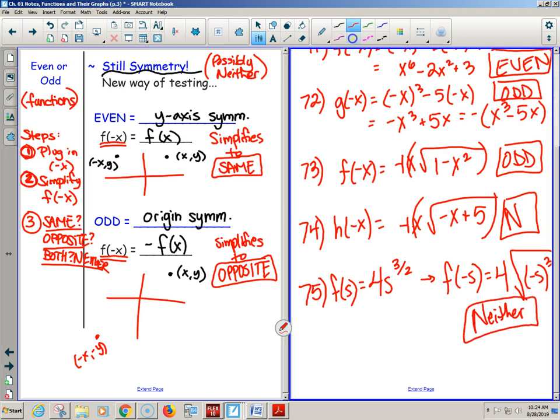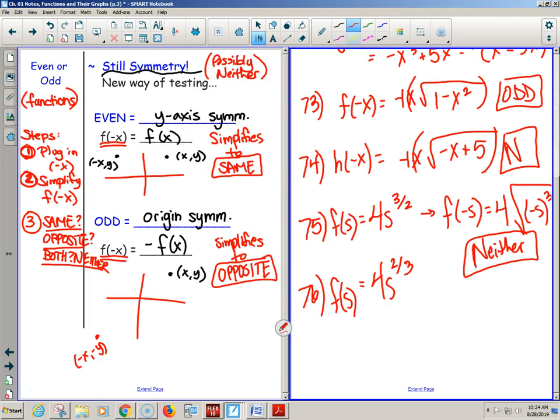But what's different in number 76 that makes it work? Oh, it's 2/3 instead. Is it still 4s? Yeah, it's 4s, and f of x, 2/3. Yeah. This time when I plug in, my f of negative x is going to be a cube root, which says I can have positives, negatives, I don't care.